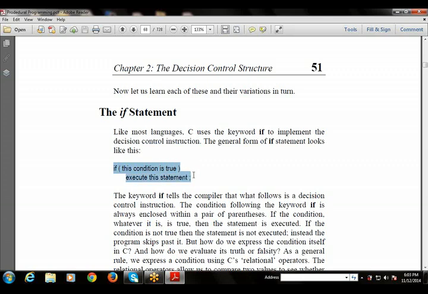If the condition is true, then only the statement will be executed. For example, if 2 is greater than 3, then print the output as hello. Otherwise, there is no otherwise as of now.